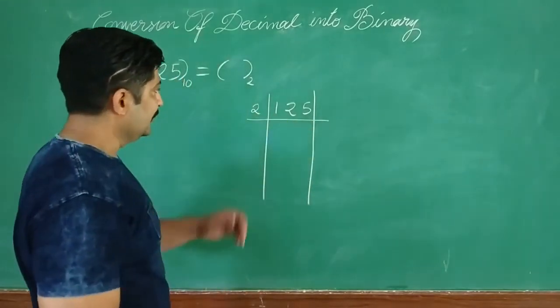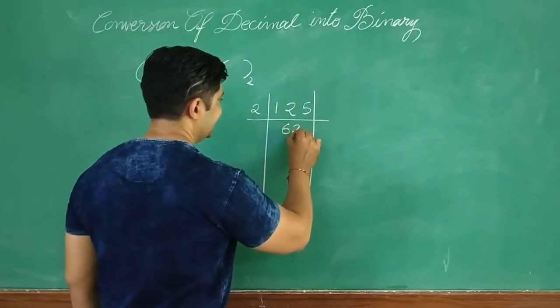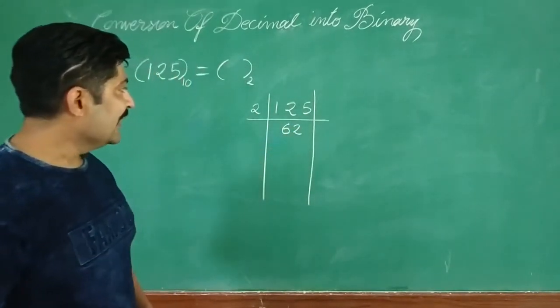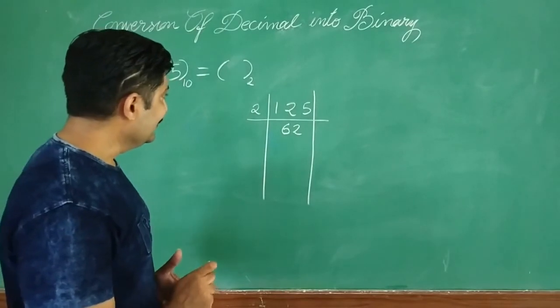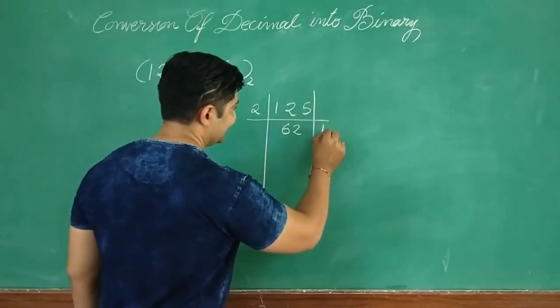2 into 62: when you multiply 2 by 62, the answer is 124, so the remainder is 1.